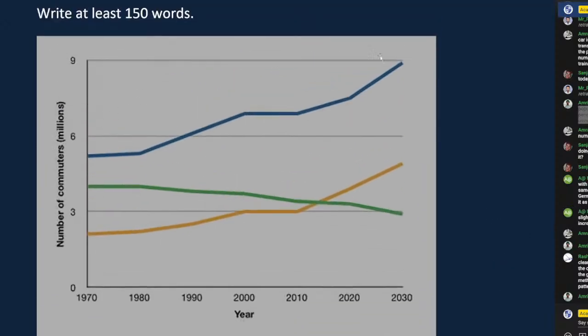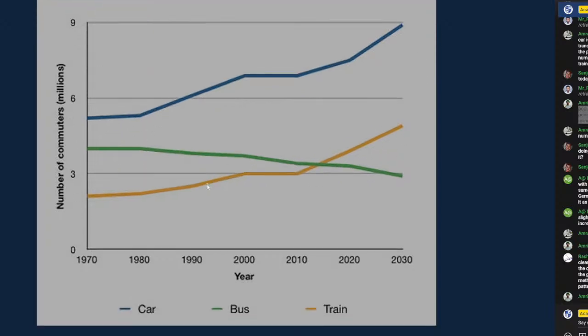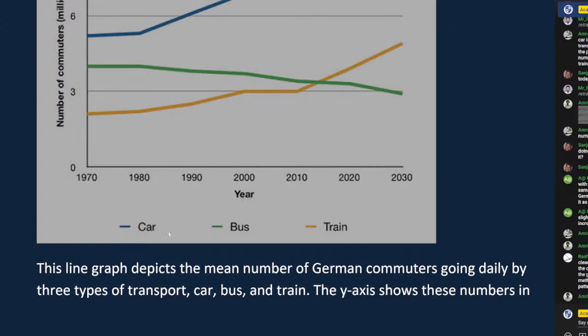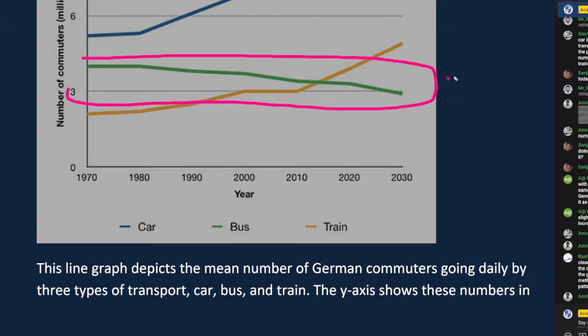Step 1, analysis, cars. Step 2, cars and trains. Step 3, buses. Okay. And so step 3 will be buses here. And within step 3, step 4 here in 2015, I would discuss where buses become less popular than trains.